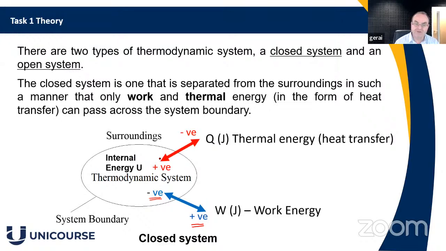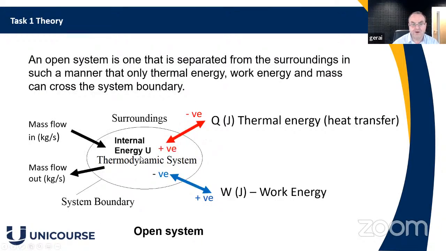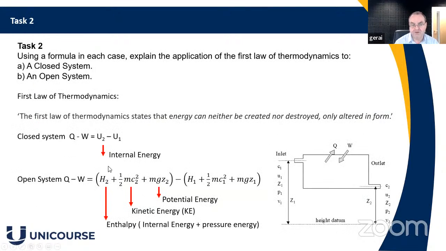So depending on how much heat we put in and how much work comes out, that's going to possibly change the internal energy of the system. So the heat in minus the work out, Q minus W, that's because of the sign convention, is equal to the change in internal energy. And I think that makes sense to you.